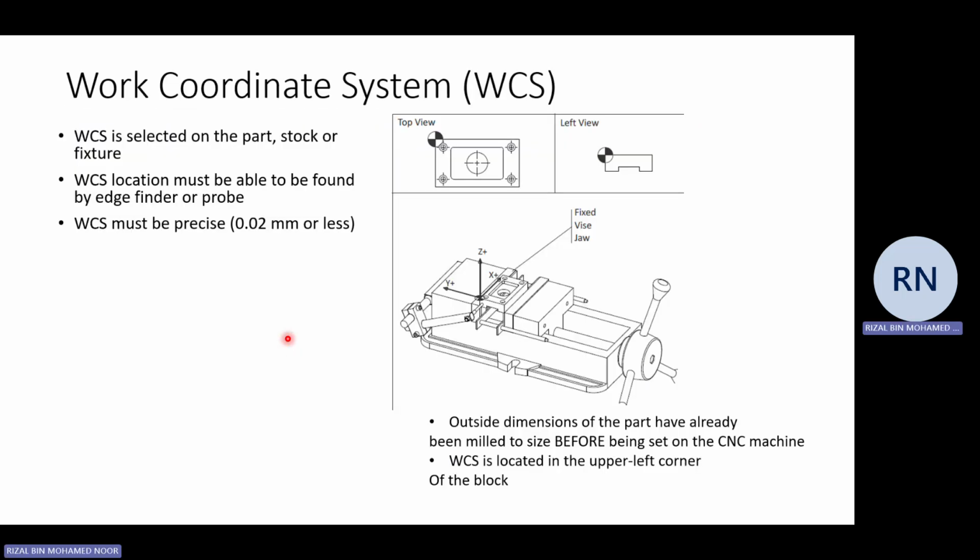When we identify the position of your work coordinate system, we name it G54. If you have more than one piece, for example, another work holding system, then we have another work coordinate system. You can set more than one, so for the second one we have G55. You can name it G55 or G56 and so on, depending on the number of parts you want to machine.